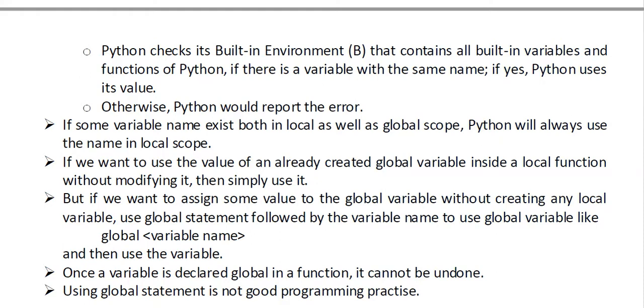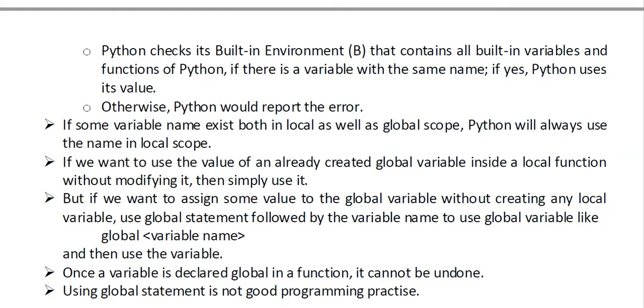If you want to use the value of an already created global variable inside a local function without modifying it, then we can directly use it. Okay. But if we want to assign some value to the global variable without creating any local variable, then we should use the global statement followed by the variable name. Suppose you have 2 x, one inside the function and one outside that function.